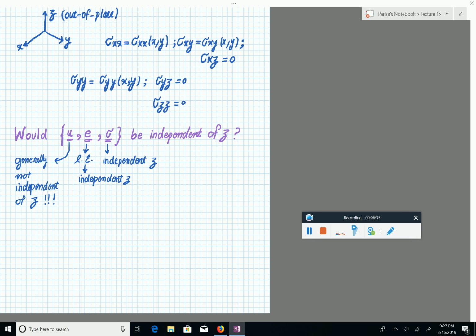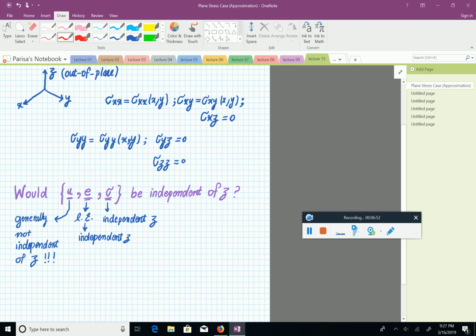So basically not having dependence on z for a strain doesn't automatically guarantee that displacement would be also independent of z. And this is kind of where plane stress and plane strain become a little bit different, and this is where the approximate nature of plane stress formulation becomes a little bit obvious. So we get back to that a little bit later.